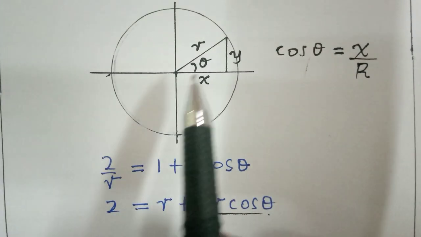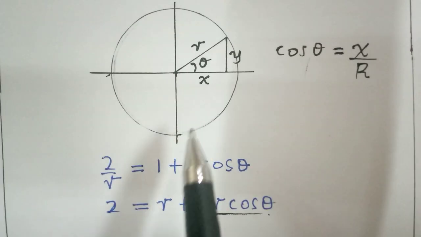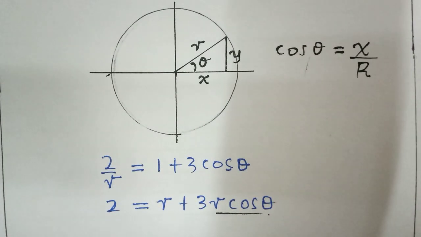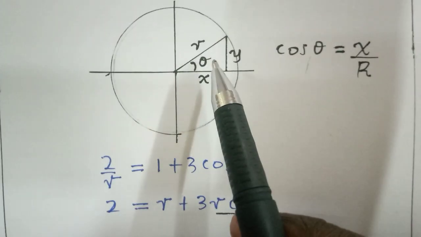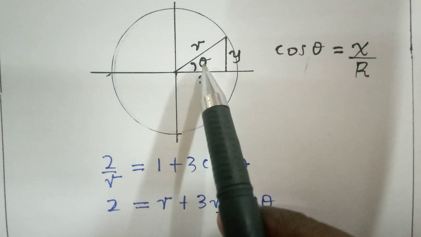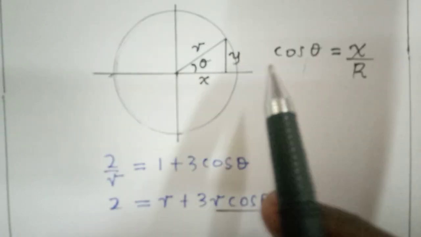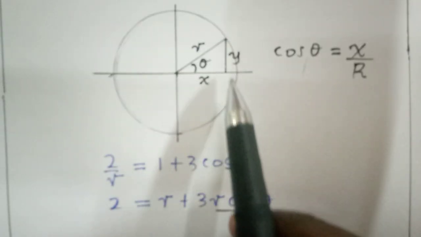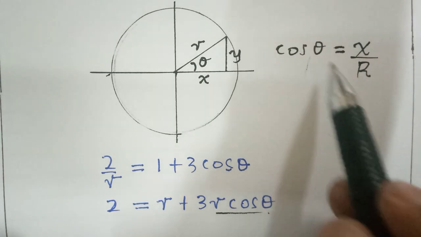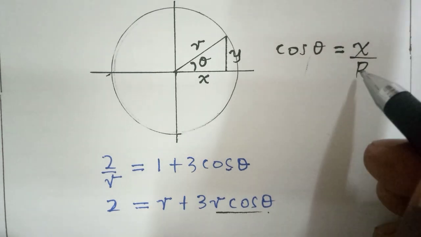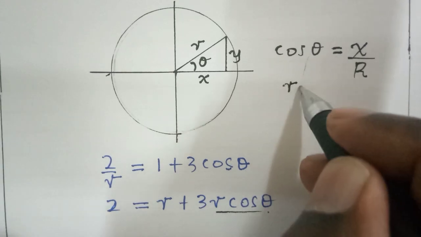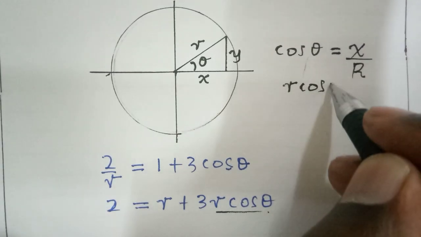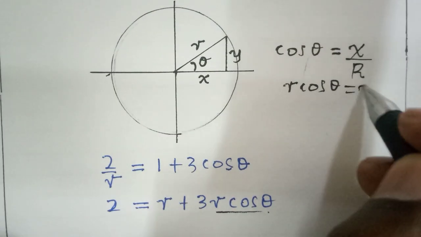So using this circle, of course this circle represents both the polar coordinates, that is r and theta, and the Cartesian coordinates x and y. This one of course is supposed to be a small r. So finally we shall have r cos theta equals to x.